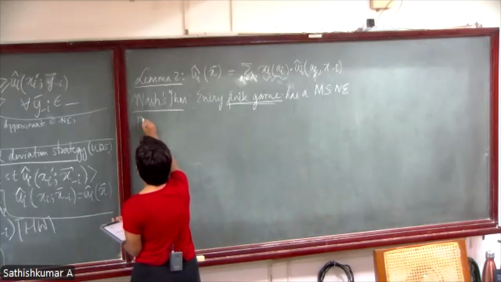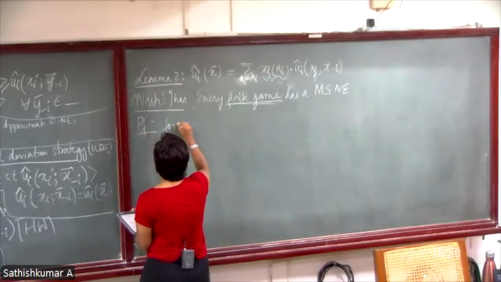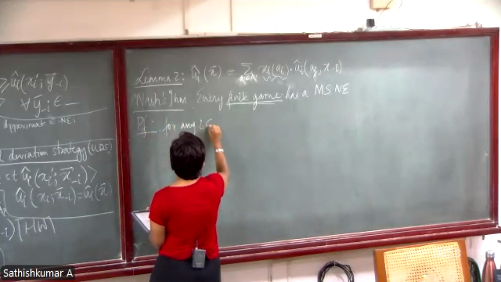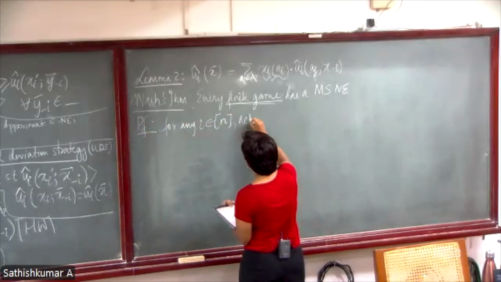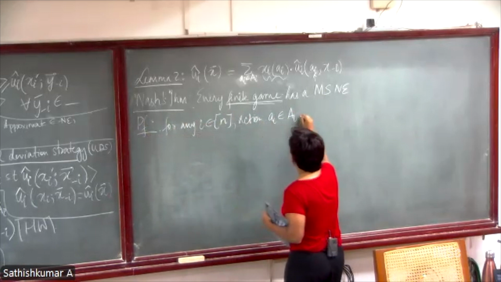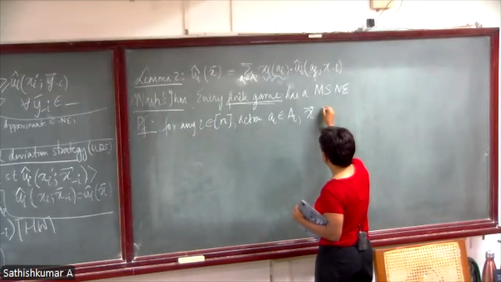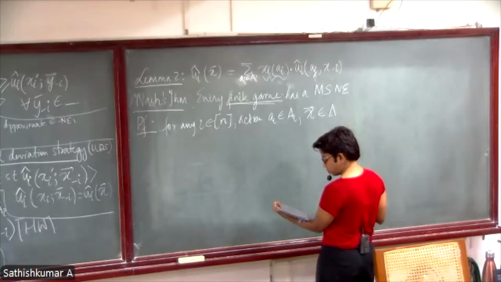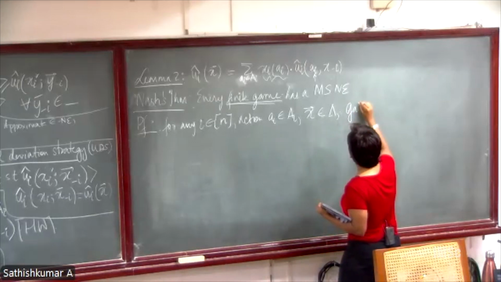Okay. So the proof of this is, for any player I, action Ai, and mixed strategy profile X bar, we define this quantity called gain.